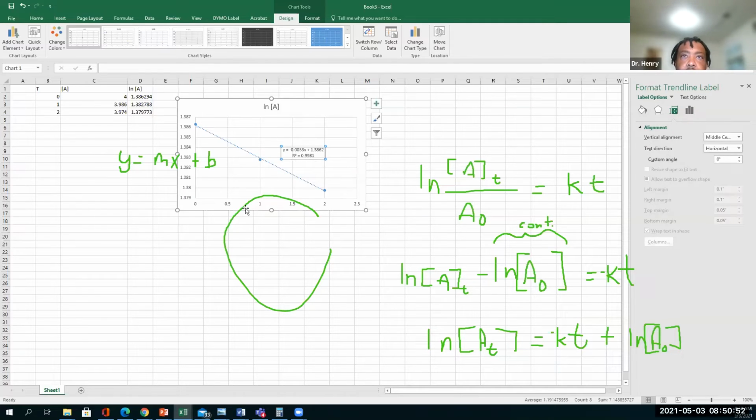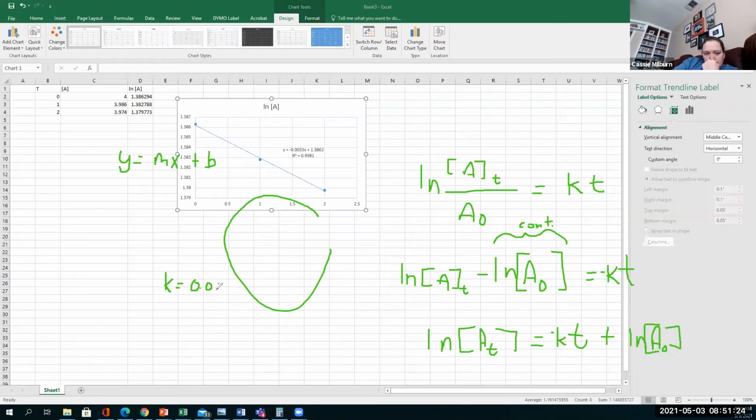So if we look at this, that would be my A naught, right? Which is this value here, and then this here is going to be our negative K, right? So K is going to equal 0.0033.